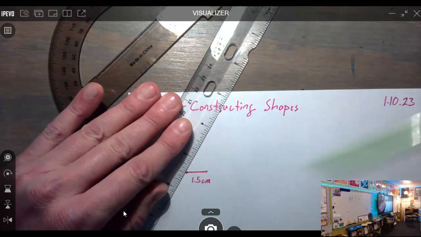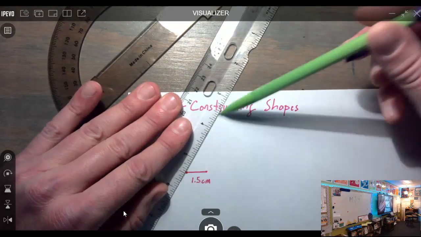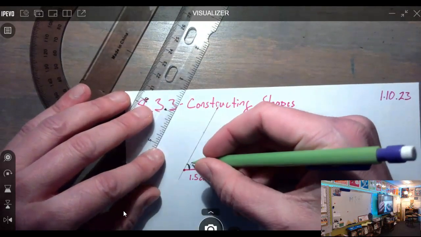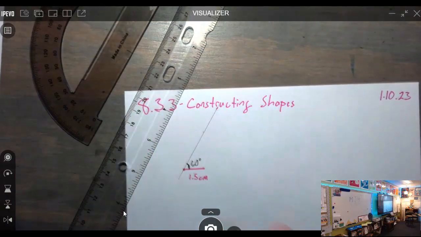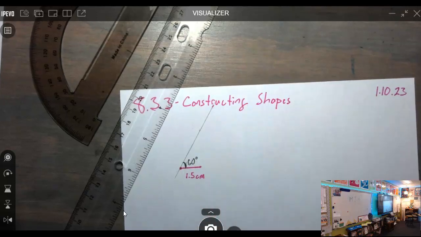So I can draw a guiding line that says, okay, this will be 60 degrees. I don't have to use that entire side, and I could go as far as I want to, because did it tell me how big to make this side? No.